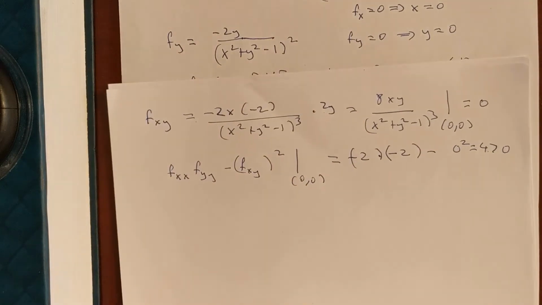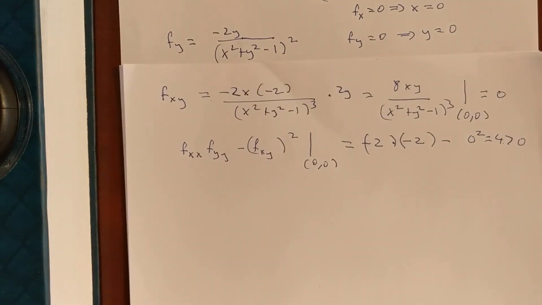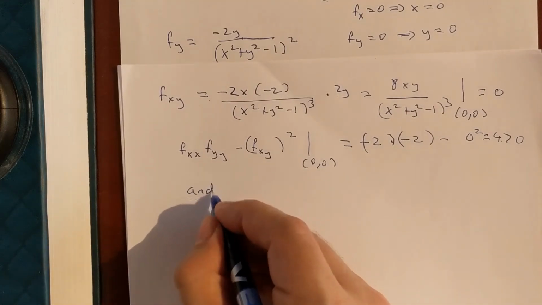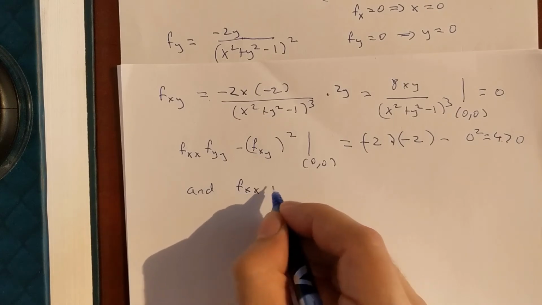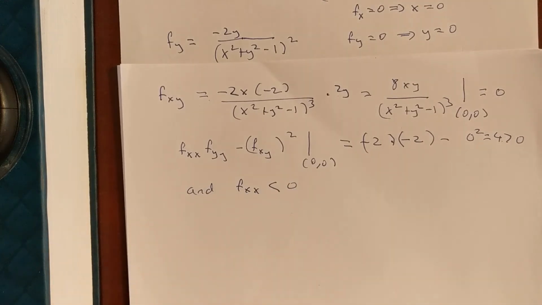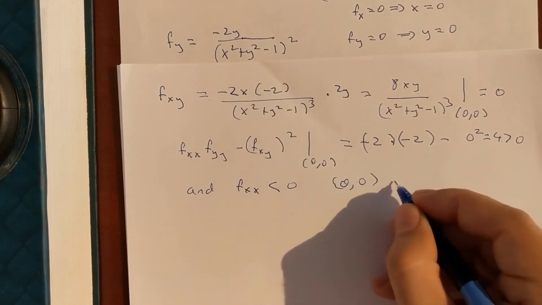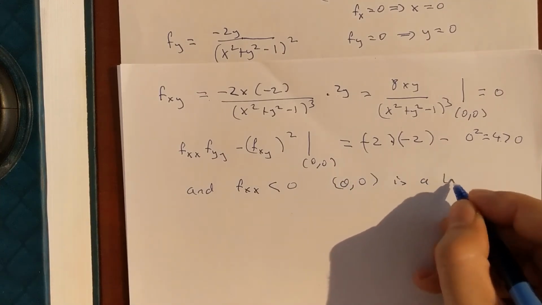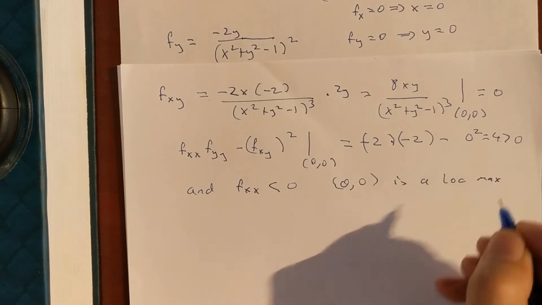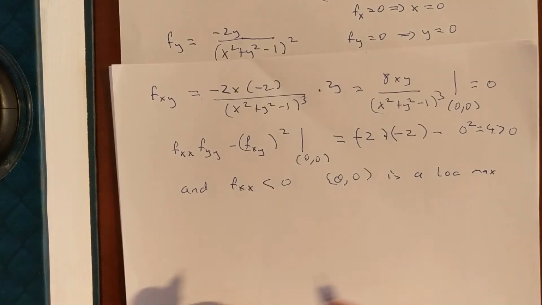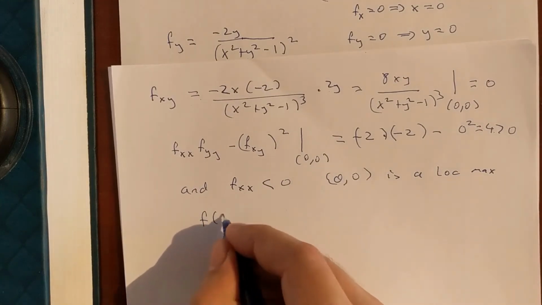That's greater than 0. So everything's heading the same direction. So this is going to be a local maxima or a local minima. And fxx was less than 0, right? So it's concave down, which means 0, 0 is a local max. So what's the point?